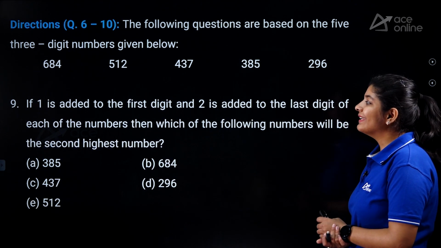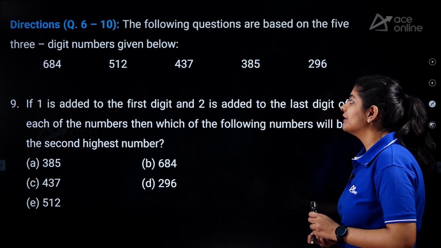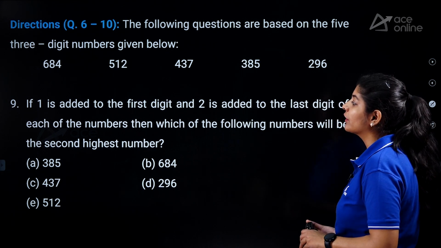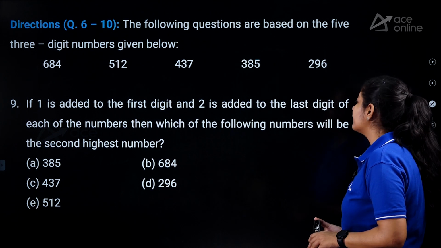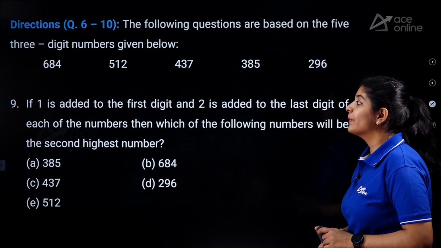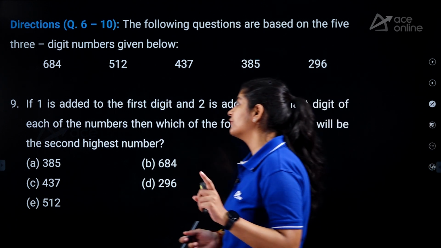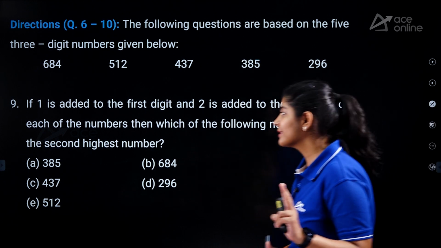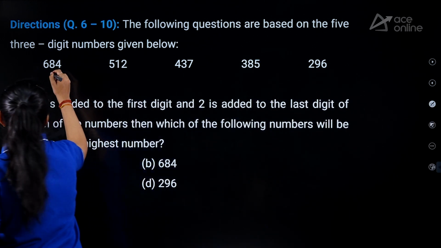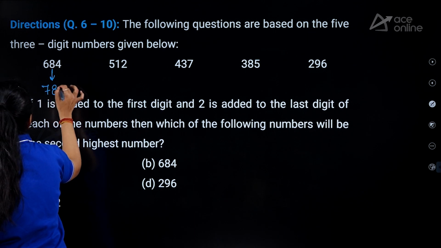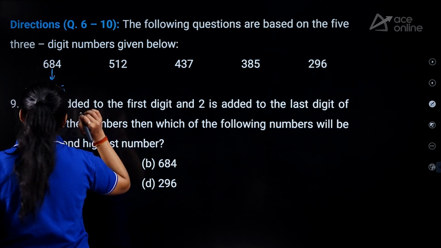If 1 is added to the first digit and 2 is added to the last digit of each of the following numbers, then which of the following numbers will be the second highest number? Basically, first we are going to add 1 to the first digit and 2 to the last digit. So let's start doing it. It will become 786, right?